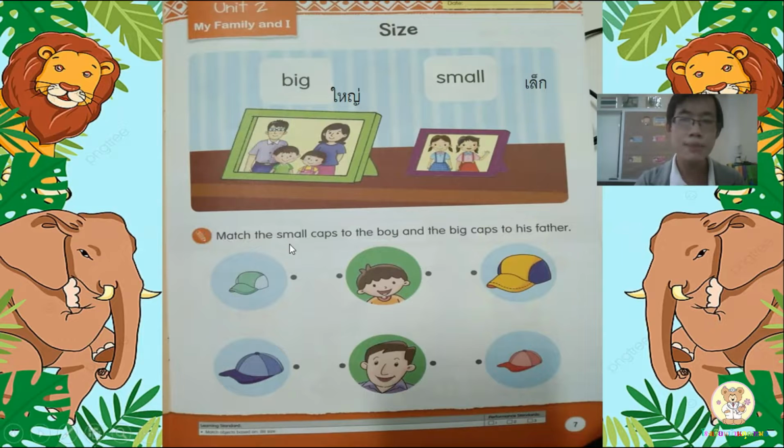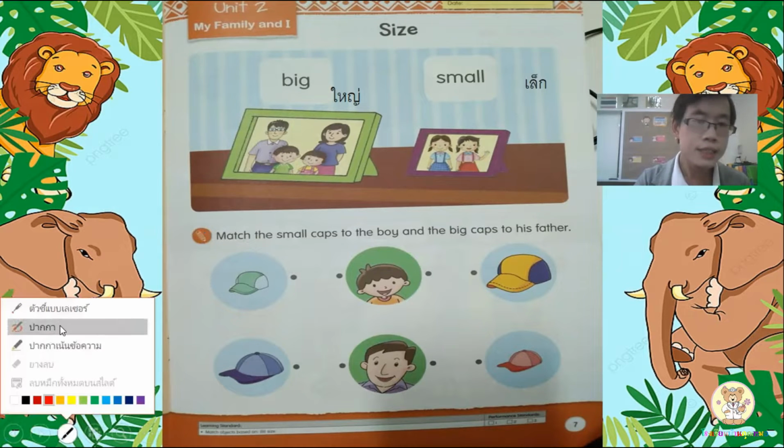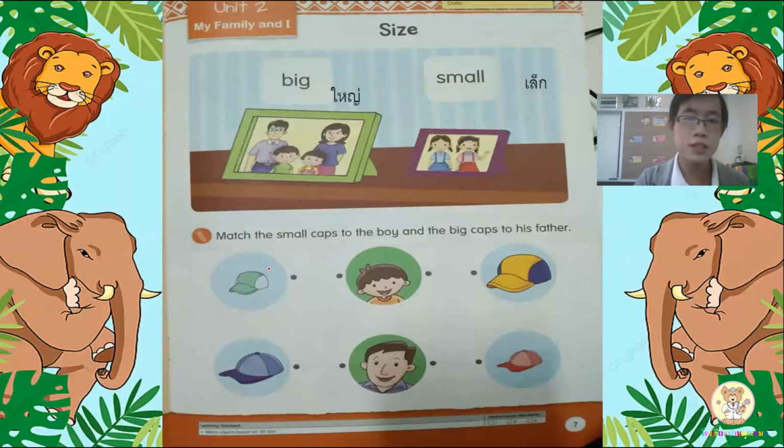Match the small caps to the boy and the big caps to his father. So we need to draw the lines in order to match the small cap to the boy and the big cap to his father. So let's start, everybody. First of all, you can see two pictures of caps.